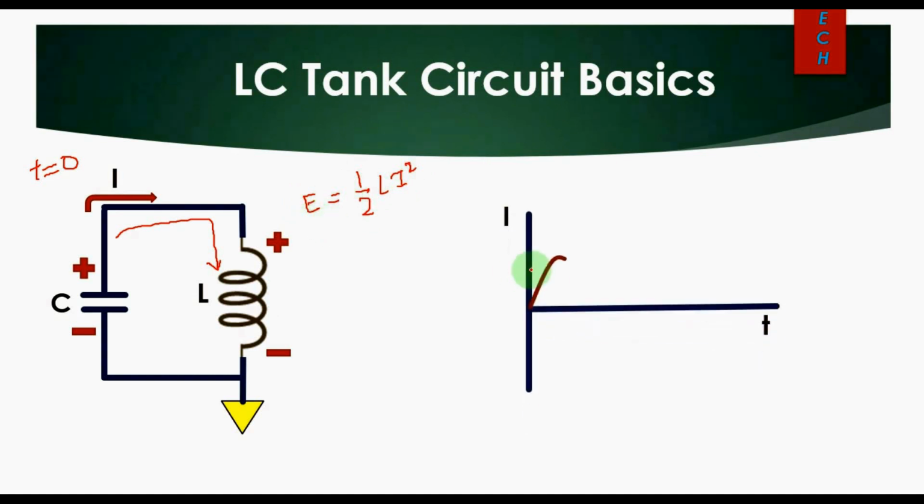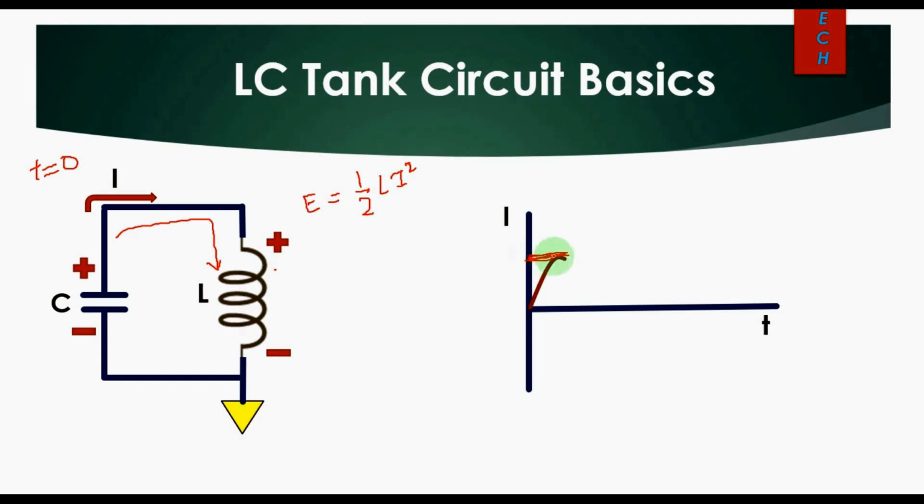Alright. So let's say the plot between the inductor current and time t. As the current increases, the energy stored in this inductor is increasing. At some point of time, this inductor stores energy till its peak value, let's say here.